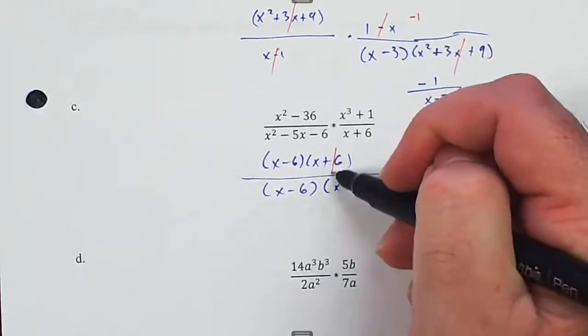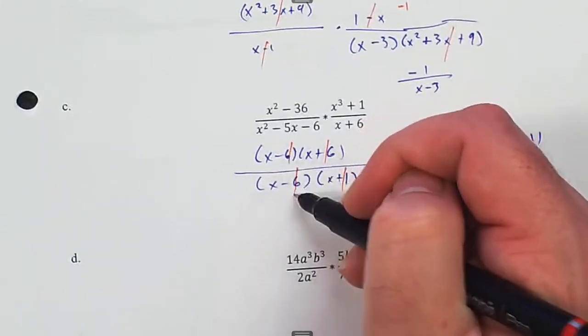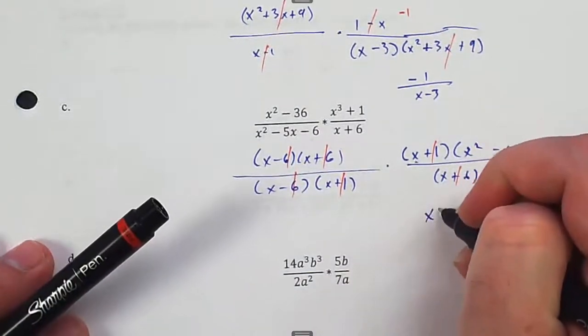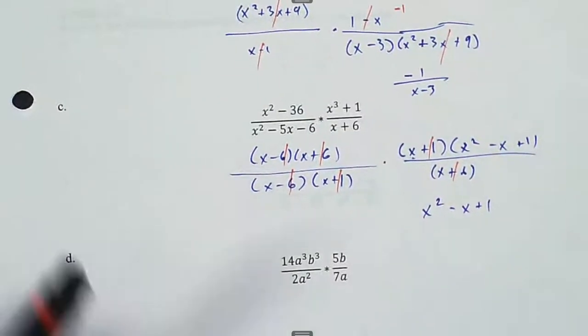All right, x plus 6 is reduced. x plus 1 is reduced. x minus 6 is reduced. I've got nothing left on bottom, so I actually don't need to write a denominator since it's just a 1 in the denominator. And all we're left with is x squared minus x plus 1.